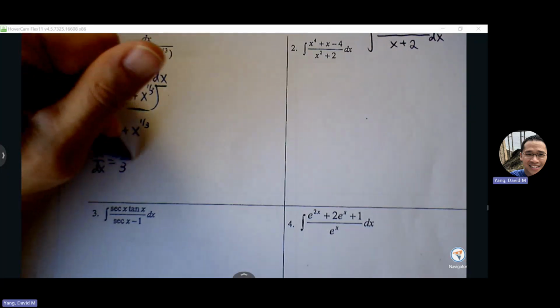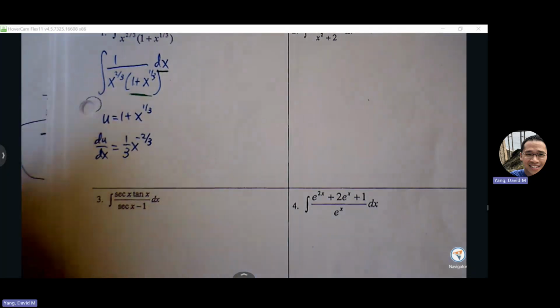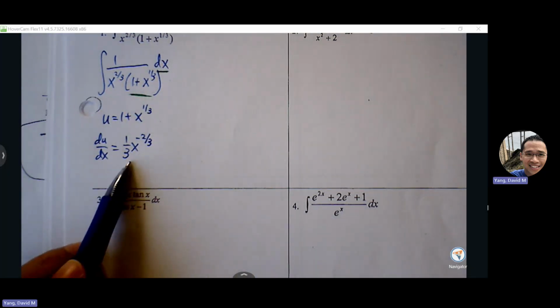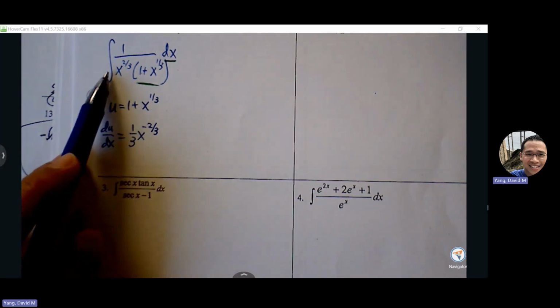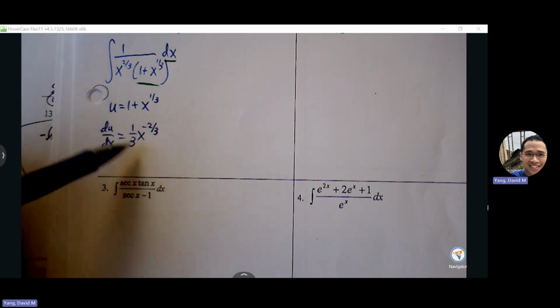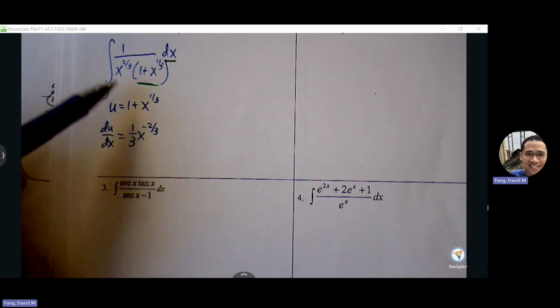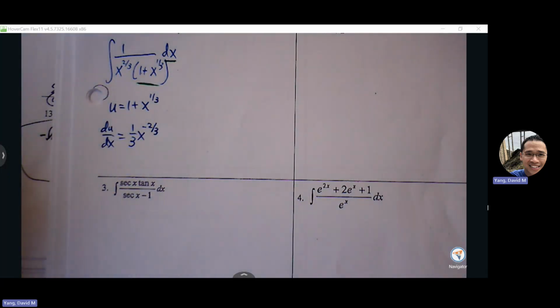Give 2/3. Now, what gives you assurance that you're on the right track just by looking at this? You see that? That's a good sign. As soon as you find your derivative, look back at your problem. If you find some sort of a match, then you're on the right track.